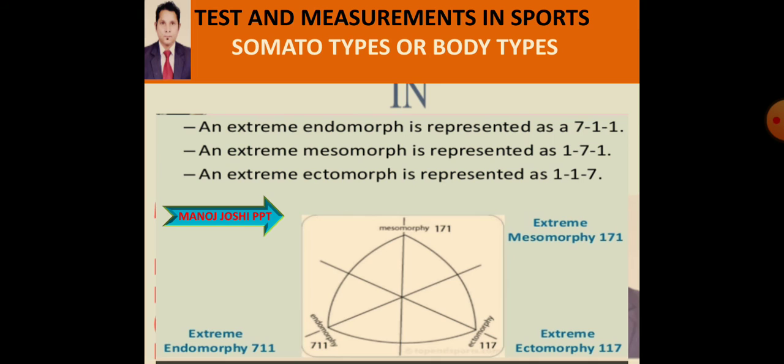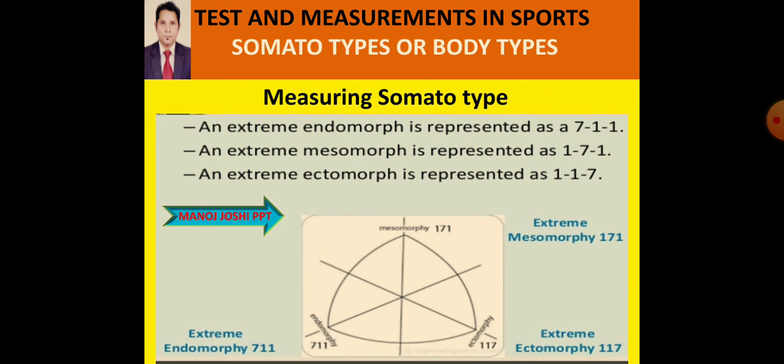Then an extreme endomorph is represented as 711, as we have discussed. An extreme mesomorph is represented as 171, and an extreme ectomorph is represented as 117. So that's why this is the diagram we can see.